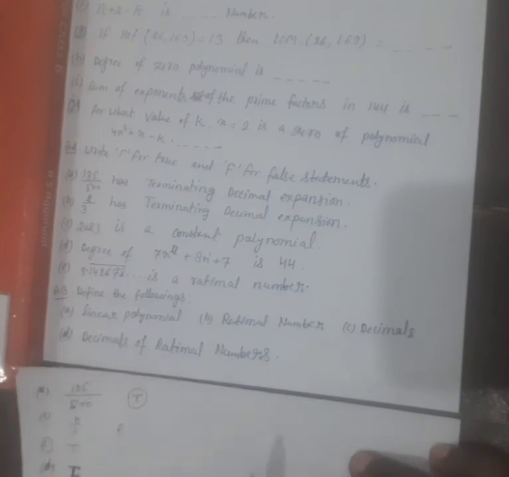A polynomial whose degree is 2 is called a quadratic polynomial. A polynomial whose degree is 3 is called a cubic polynomial, and if the degree is 4, it will be a biquadratic polynomial. So hope you are very clear, and you can write the example also, whenever it is asked.